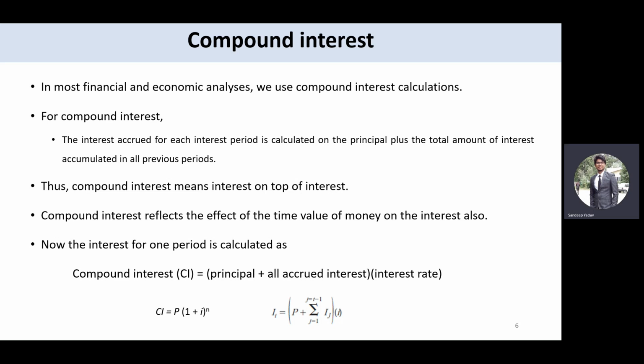That will be calculated as P into (1 plus I) to the power n, where n is the number of periods, I is the interest rate, and P is the principal amount. Or we can calculate from this formula also. Both will give the same result. In this one we calculate only interest, and in this one we calculate the compound interest. Both formulas give us the same result.